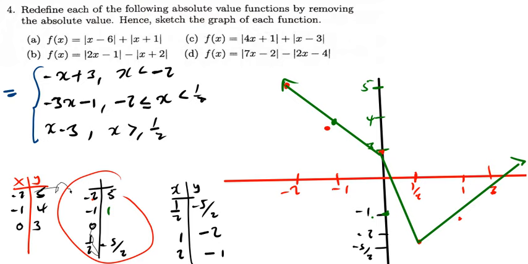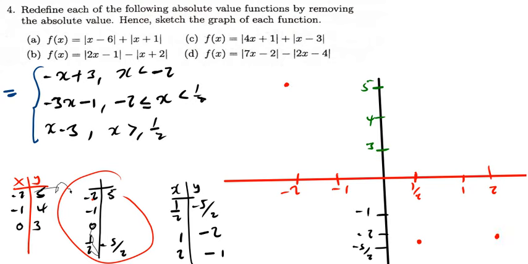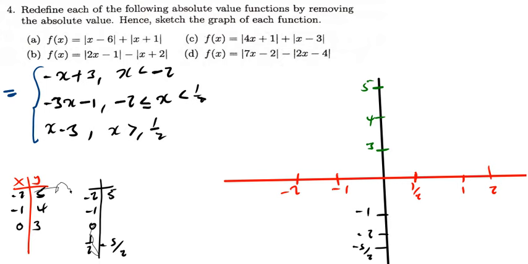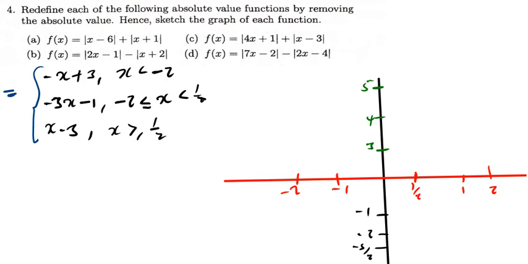Let me just do this before we go there. I want to redo the points. We'll do the points. So what I mean, guys, is this. We started with this.